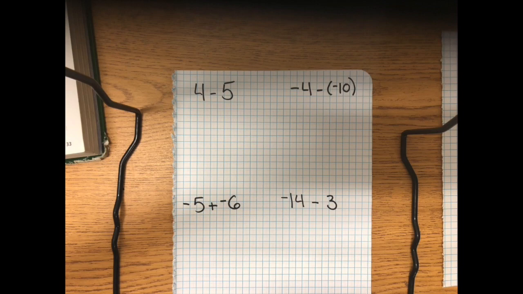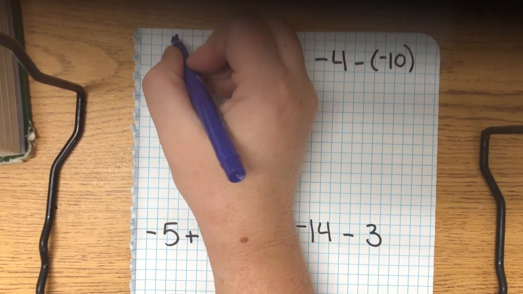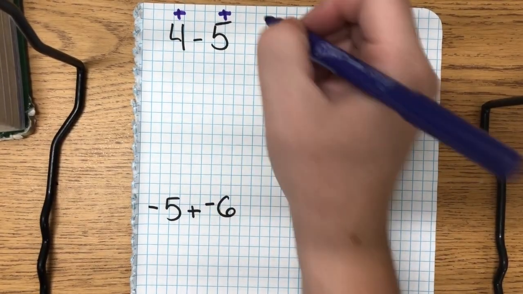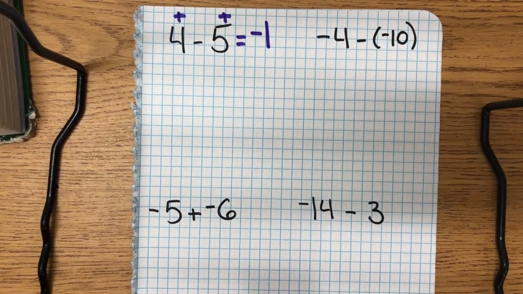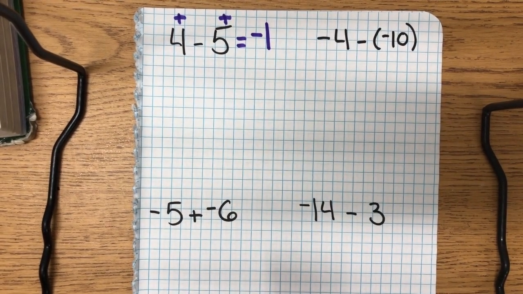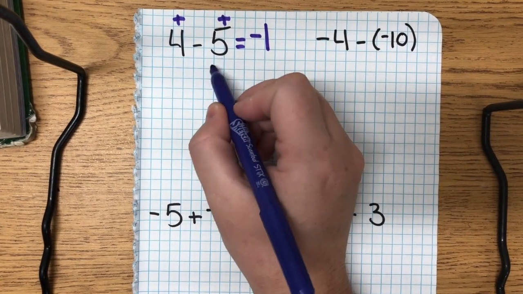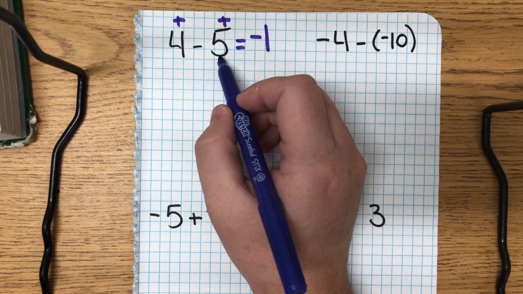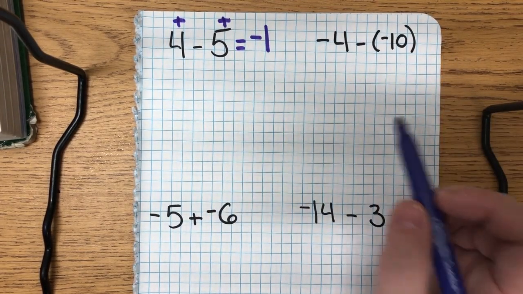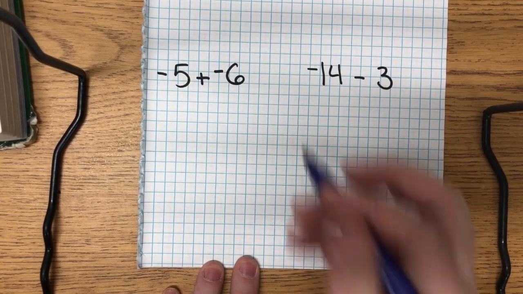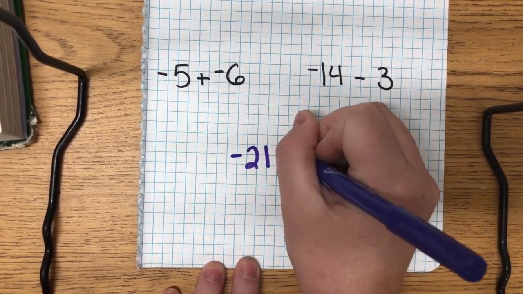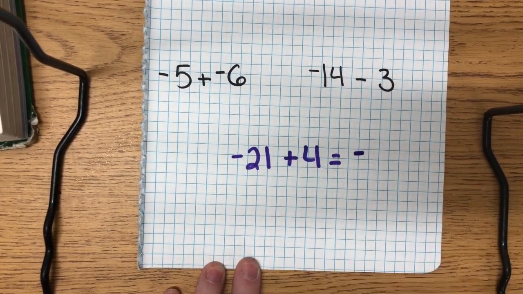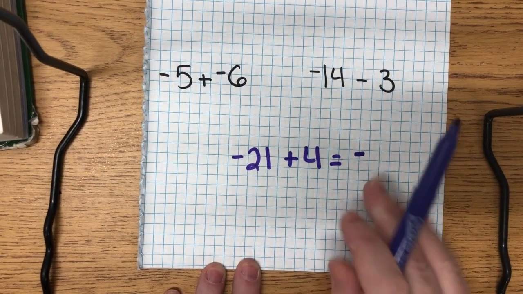Okay, so in our scenario, this is a positive number, this is a positive number, but I'm subtracting. So this would give me -1. This is the other thing I haven't gone over too much. Because the larger number is second, for example, -21 plus 4, this is going to be a negative number because the larger number has the negative attached.